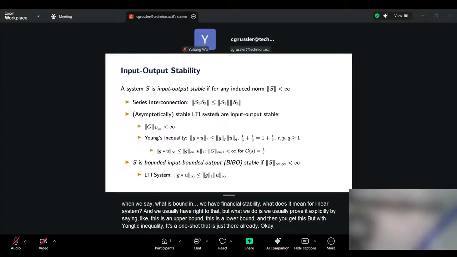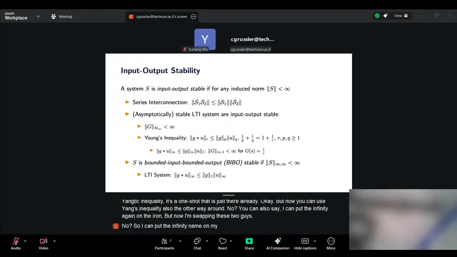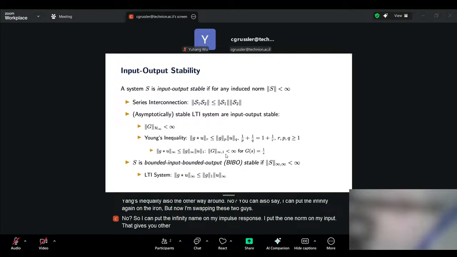But now you can use Young's inequality also the other way around. You can also say, I can put the infinity again on the R, but now I'm swapping these two guys. So I can put the infinity norm on my impulse response, and I put the one norm on my input. That gives you other kinds of stability notions, right?